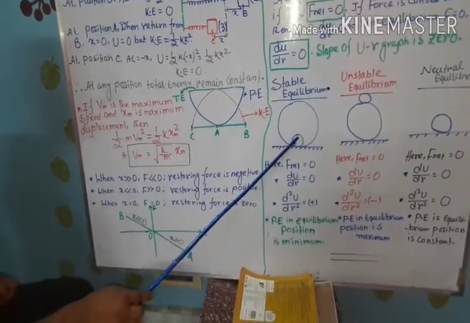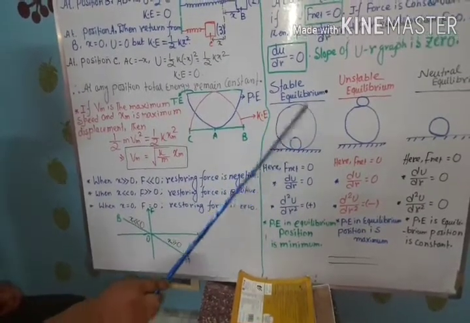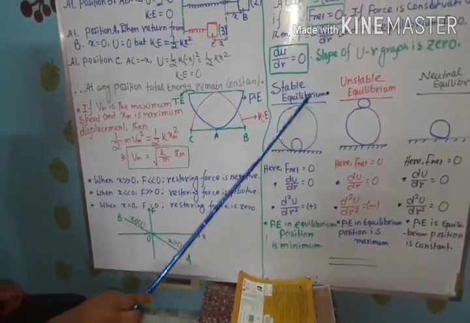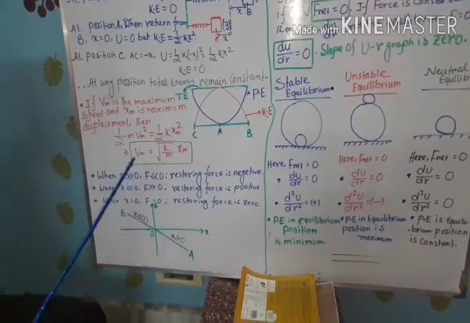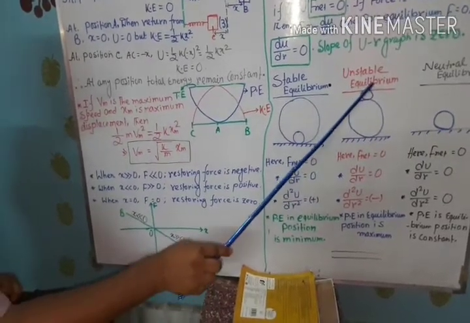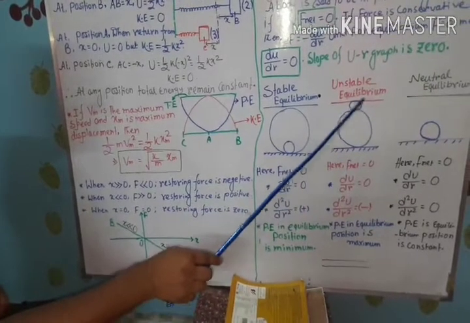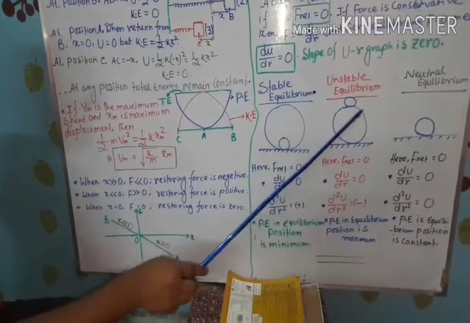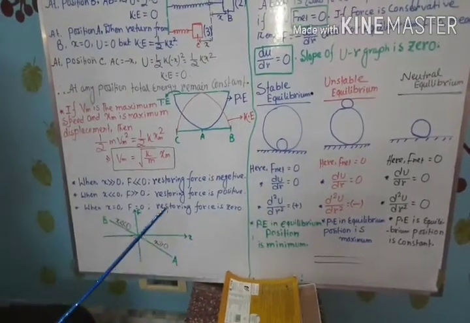Here a ball is situated inside a smooth spherical shell, and this figure corresponds to stable equilibrium. Here the ball is situated at the top position of a smooth sphere, and this situation is for unstable equilibrium.